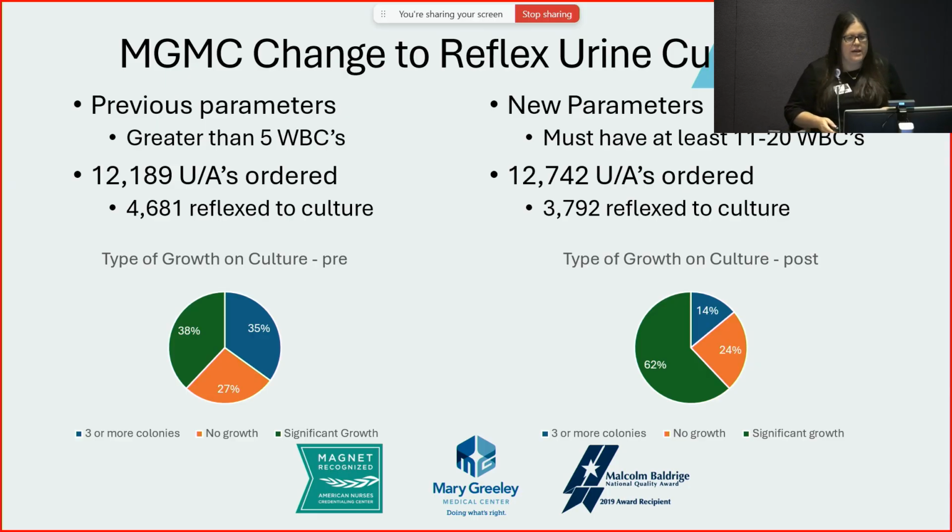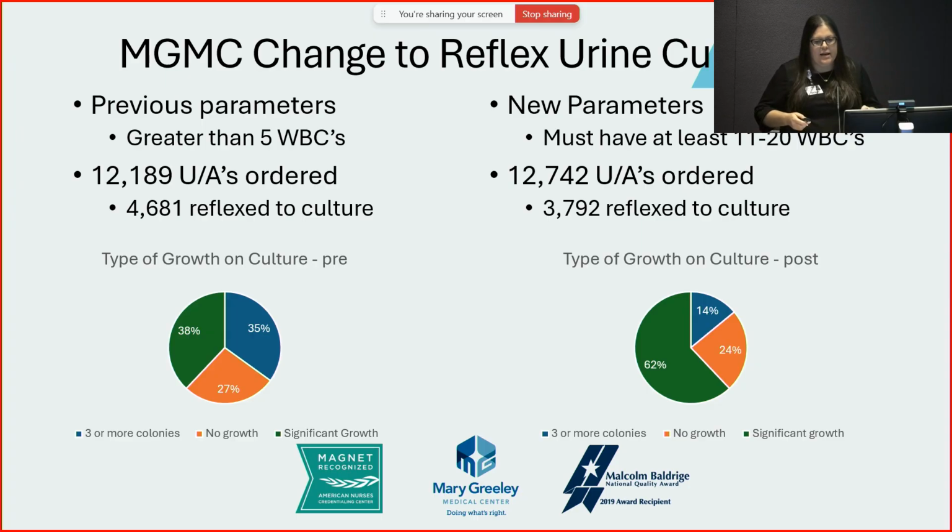Prior to that change, the growth on the cultures that were then resulting were not as much significant growth. There's a lot of cultures that were no growth or 3 or more colonies.